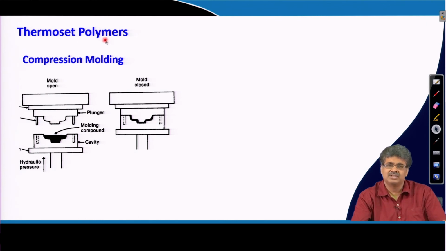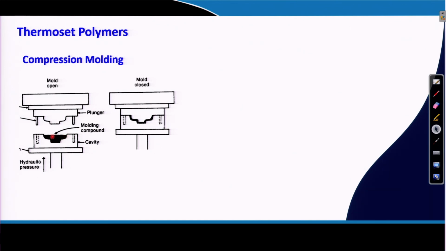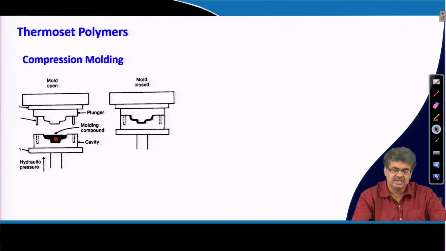Next, we will talk briefly about the processing of thermoset polymers, and the most common process is compression molding. In this case, the polymer or a pre-polymer, just before curing, is placed into a cavity and then heated to a molten temperature, and because it has a curing agent, it might start cross linking.